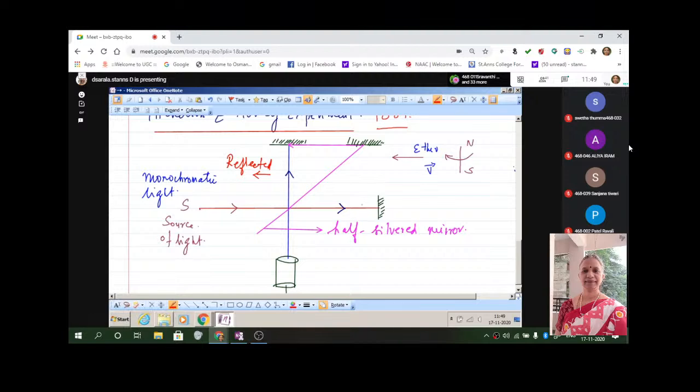This is the transmitted beam of light. This is making an angle of 45 degrees with the incident light.